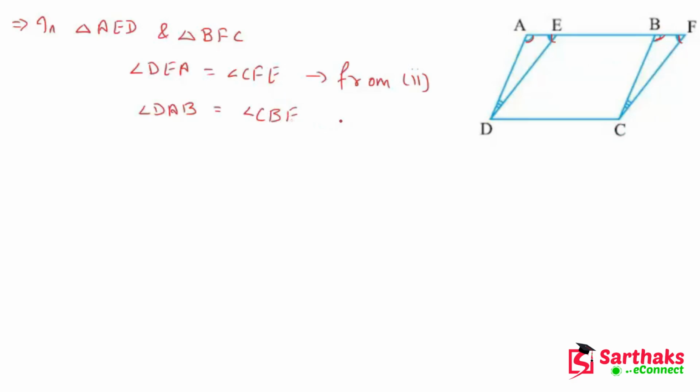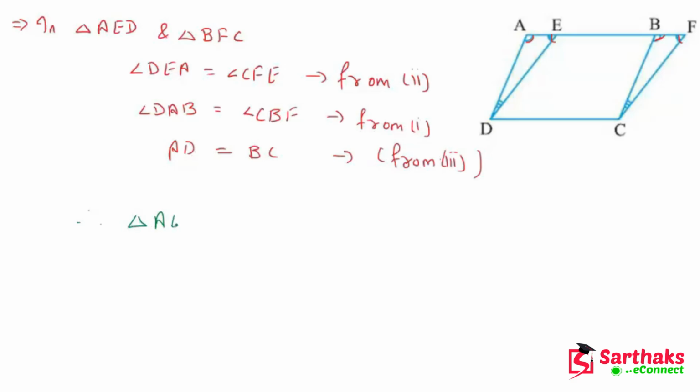So they are equal, we can write from equation number 1. And we know that AD is equal to BC, we can write again from equation number 3rd. Got it?